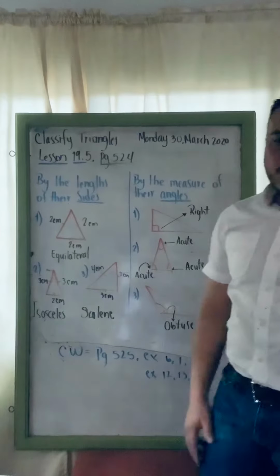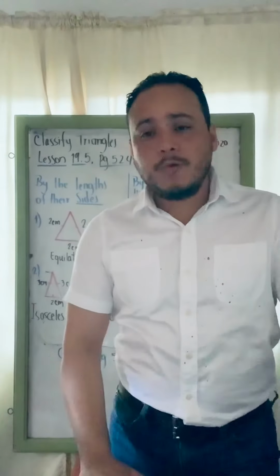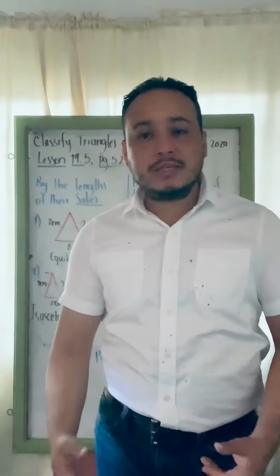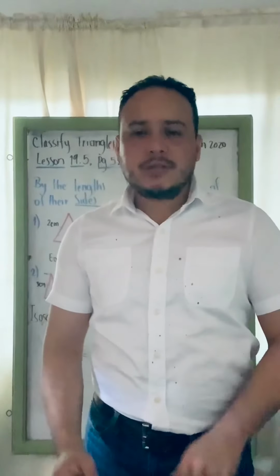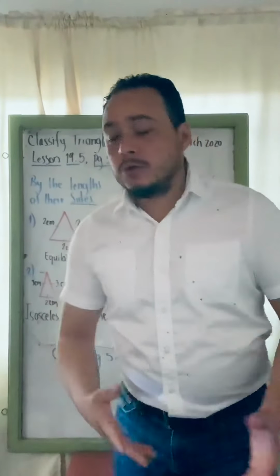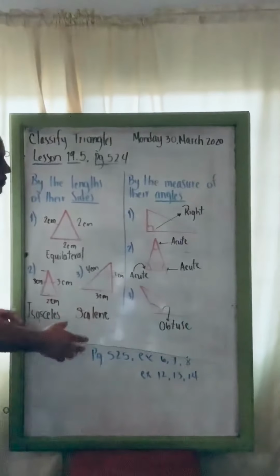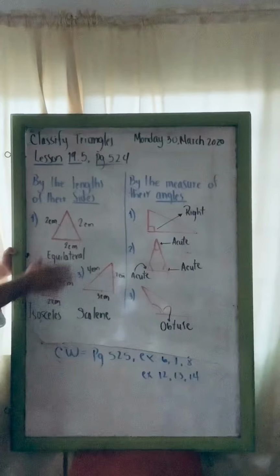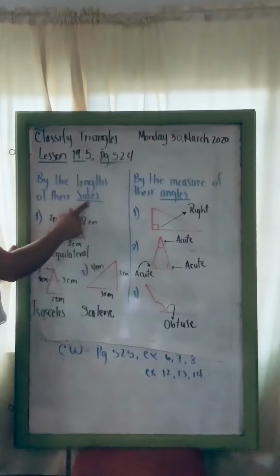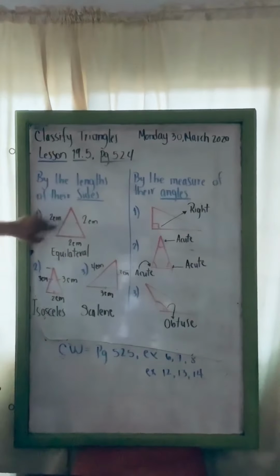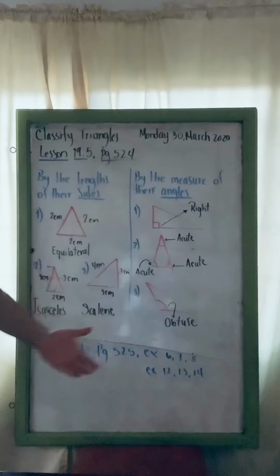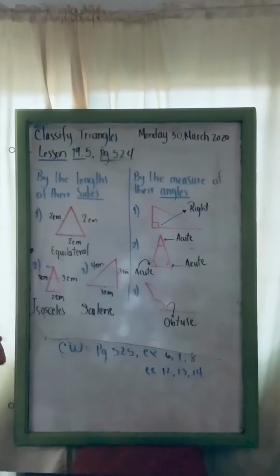First of all, we have 6 different ways to name a triangle. These are based on 2 different divisions. The first division is by the length of their sides, which means you need to measure the length of the sides of a triangle and, based on that, give it a name.